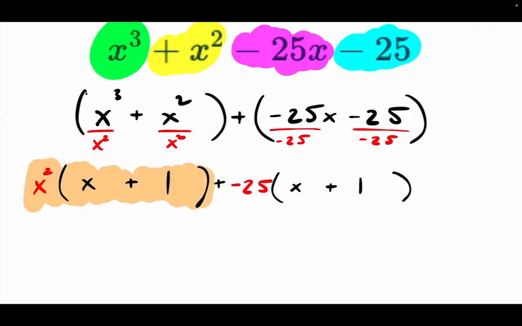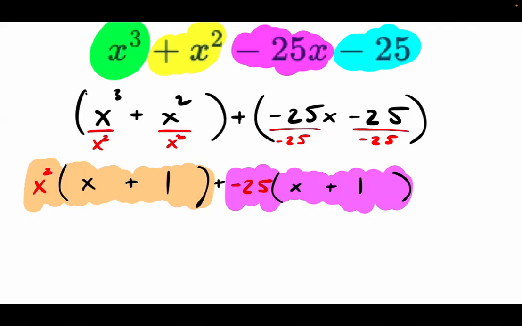We got this one, and we got this one. Those are both binomials. How do I know it's a binomial? Because they have a plus in the middle.